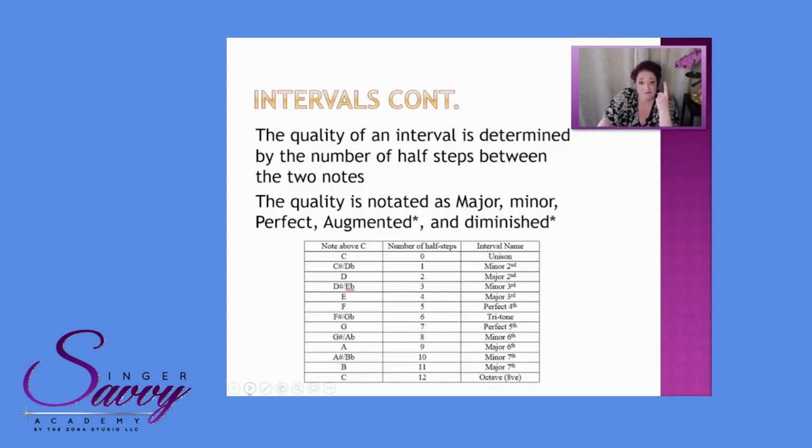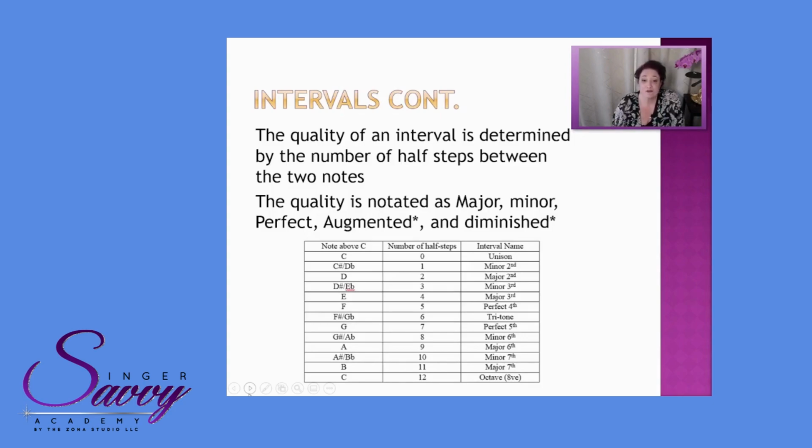The unison is considered perfect, so going from C to C, okay? So that's no half steps. Also the octave, going from lower C to upper C. That is considered perfect, a perfect octave. But then there are 2 more intervals that you're going to have to get to know, and that is the 4th and the 5th. Those are also perfect. So when we're talking about solfege, 4ths and 5ths, what we're talking about is going from do to fa.